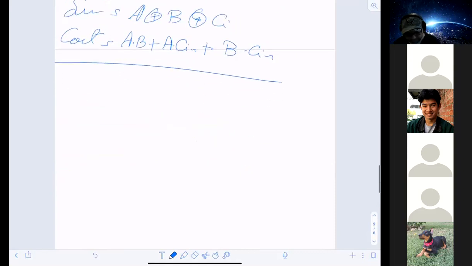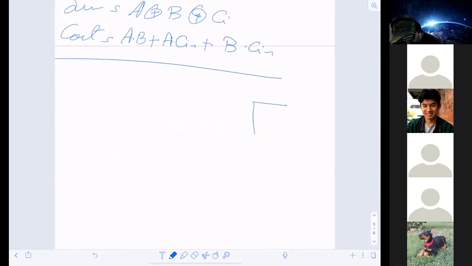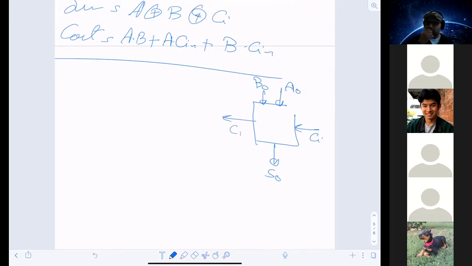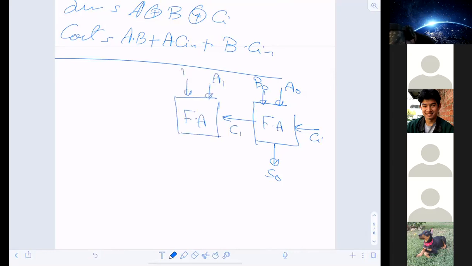So in this case, if I have A0 going with B0, it's going to bring me S0. I have here a carry in, and the carry out I will call C1. Then another full adder, with A1 and B1, it's going to bring me S1 and then C2.